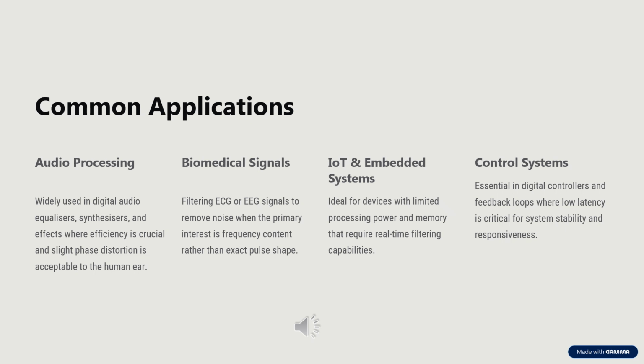In audio processing, IIR filters remove background noise, improve clarity, and create effects like equalization. In communication systems, they are used to eliminate unwanted frequencies, reduce distortion, and recover transmitted data accurately. In biomedical devices like ECG or EEG monitors, they help remove interference and make signals easier to analyze. You'll also find them in control systems, image processing, smartphones, and even IoT devices. Anywhere real-time signal processing matters.